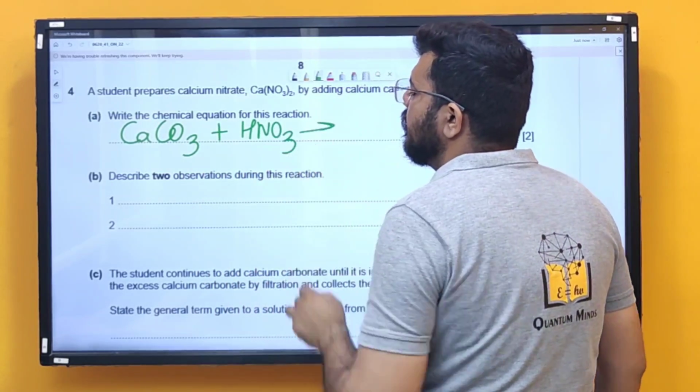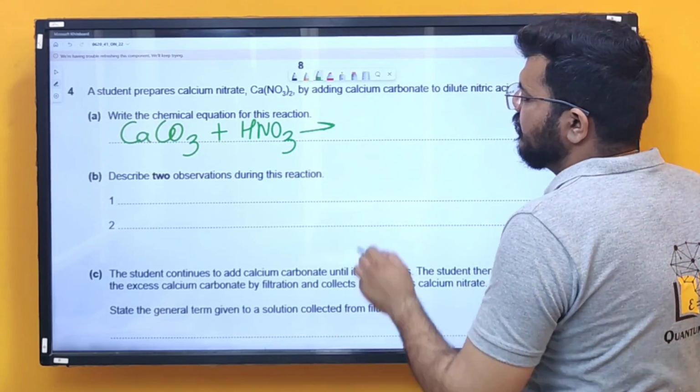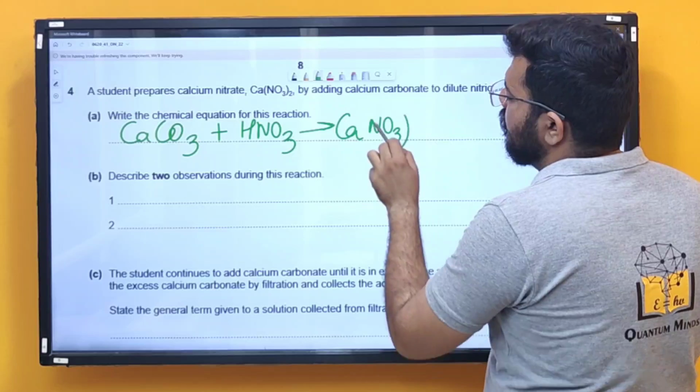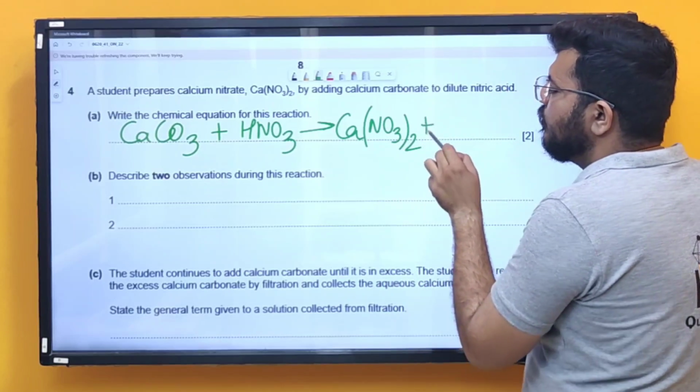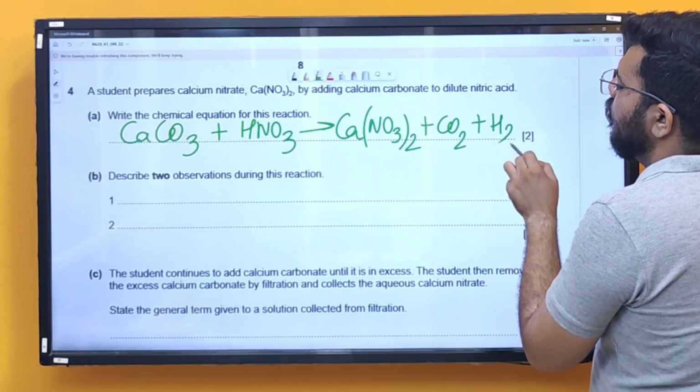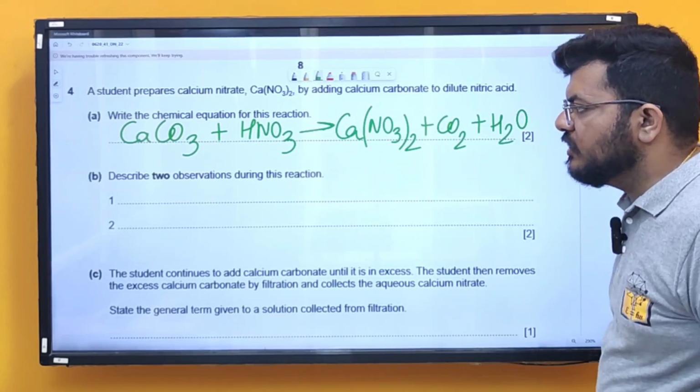When you do this, carbonate acid reaction takes place, gives you Ca(NO3)2, but because it is carbonate, produces carbon dioxide and water. Let's try and balance this reaction.